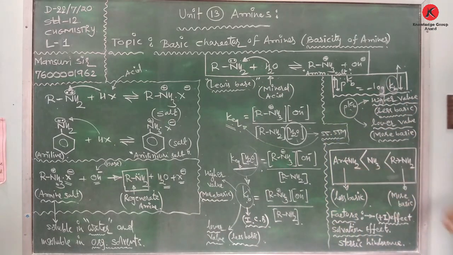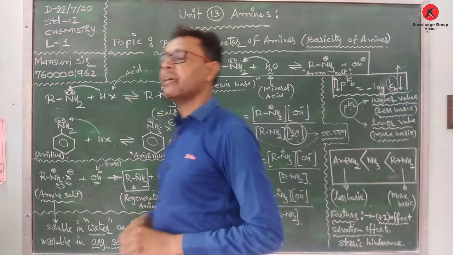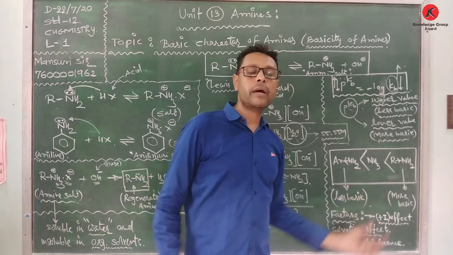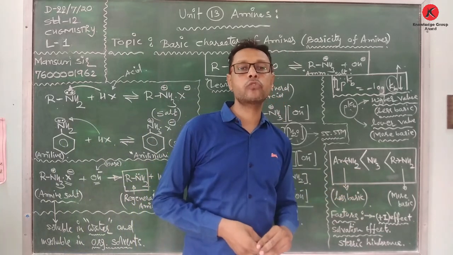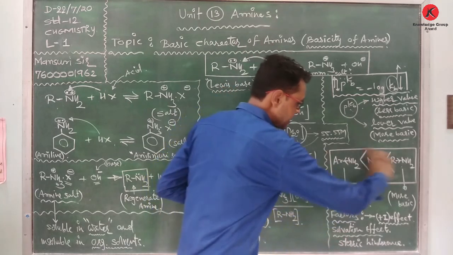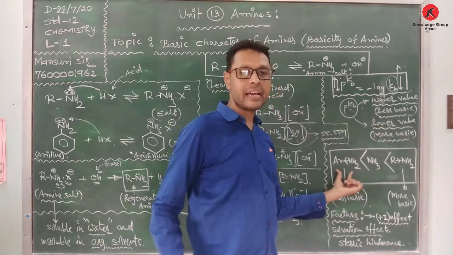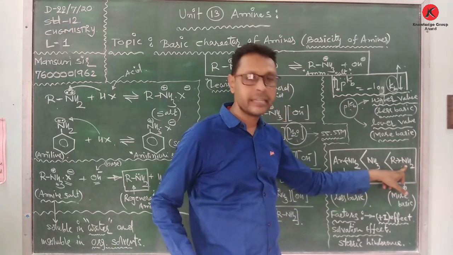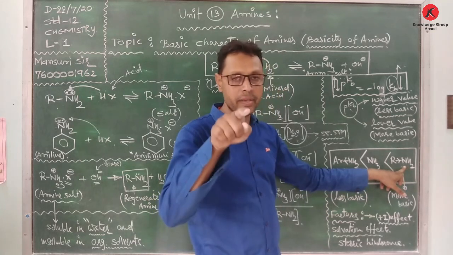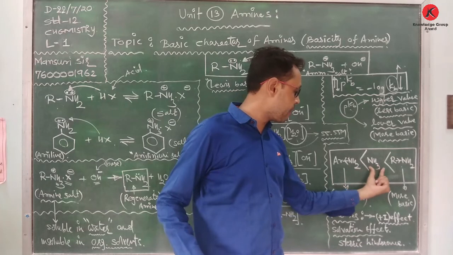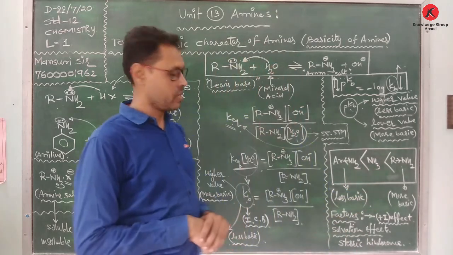Now we are going toward aryl amine, alkyl amine, and ammonia. By the values of pKb, we can say that aryl amines are less basic, alkyl amines are more basic, and ammonia is in between them.